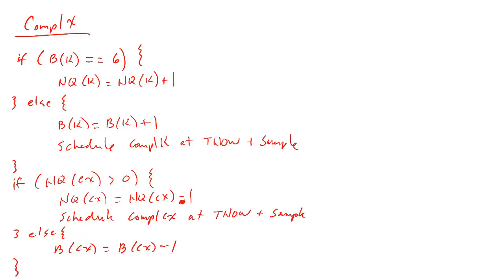And so you can see how in this case again we've used the X value to correspond to the completion event, the completion at CX, the queue at CX, and the busy state of CX. And so that's the entire logic that we see for completion at one of the 3 servers.